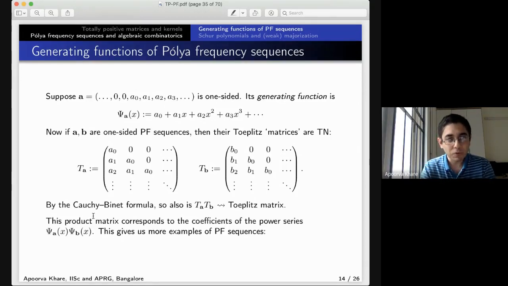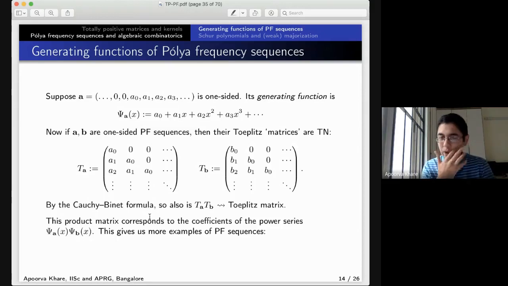But now what does this product matrix correspond to? The Toeplitz coefficients precisely correspond to the coefficients of this power series. And therefore, the set of generating functions of Polya frequency sequences is closed under multiplication. That's what the Cauchy-Binet formula is really telling.